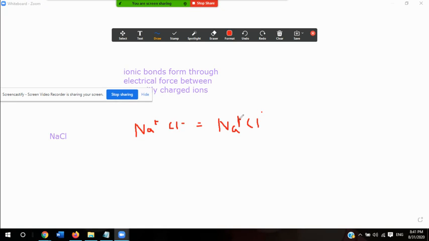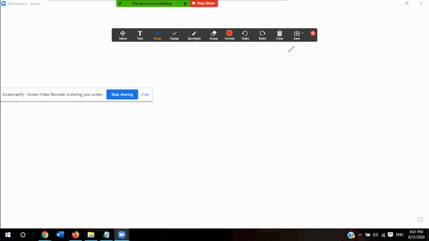Okay, now it's much more complicated than that. There's probably some details that I'm missing out, but I just want to illustrate what an ionic bond is.